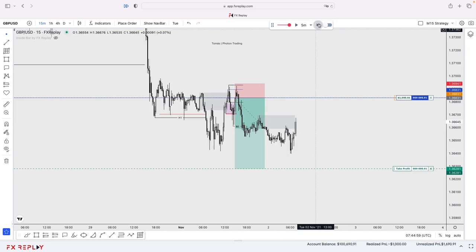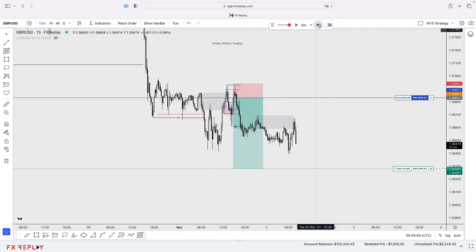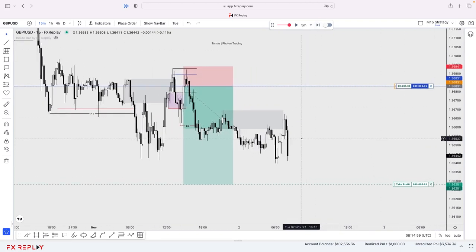Okay. So at this point in time, I just got a little bit earlier. At 7 a.m., a little bit earlier, we have the fake break, still confirming this POI, the same analysis.